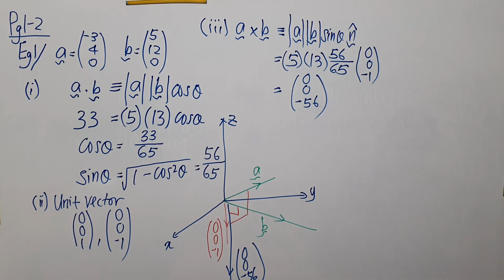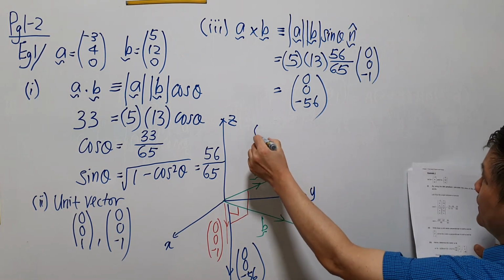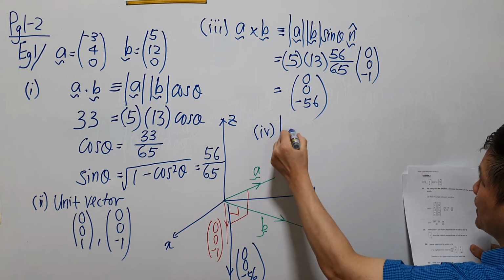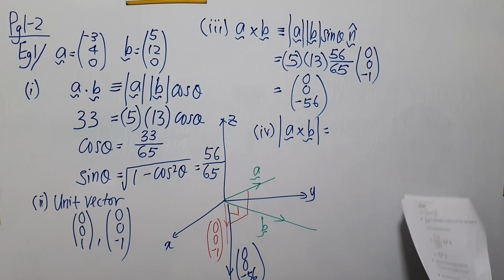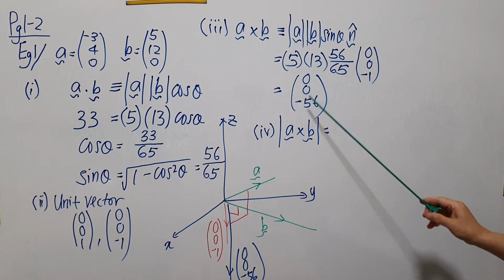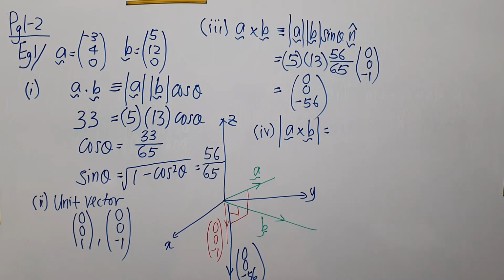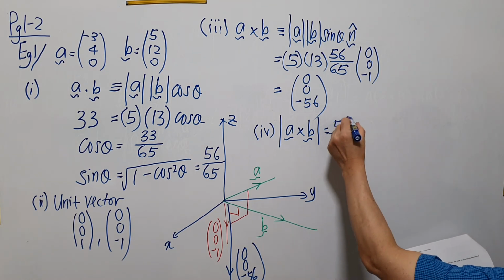Part 4 of the question wants you to find the modulus of A cross B. To find the modulus of a vector, you square, square, square, add together, and take the square root. In this case, you will get an answer of 56.